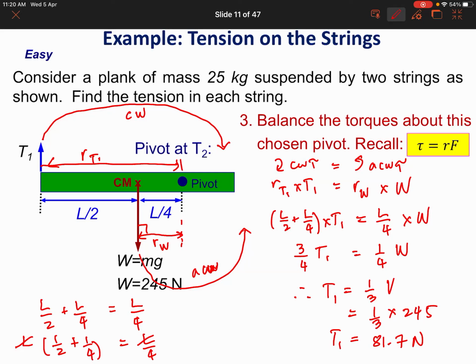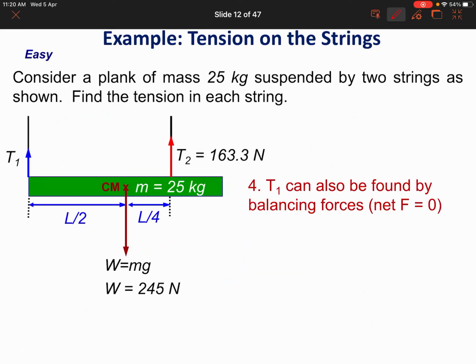Cool. All right, so we have now determined T1 and T2 by balancing out the torques. You don't always have to do balancing torques twice. You can also use the balancing of forces, net force is equal to 0. Once you've determined T2 by putting the pivot at T1, 163.3 newtons, there's only one force that's not known, which is T1. You can then balance forces, meaning net upward force should be equal to the net downward force.